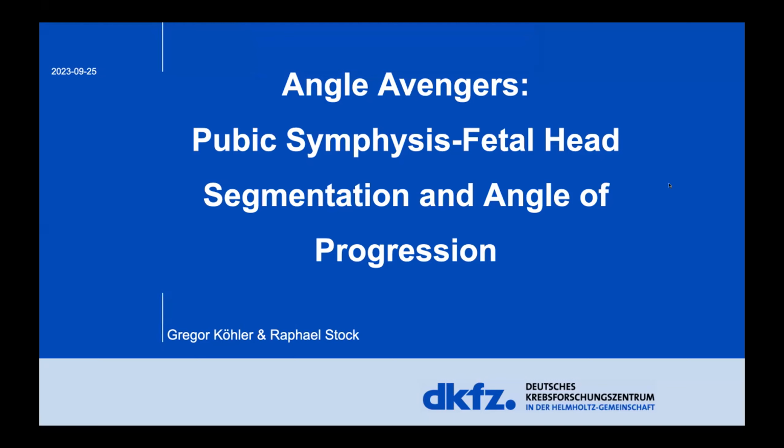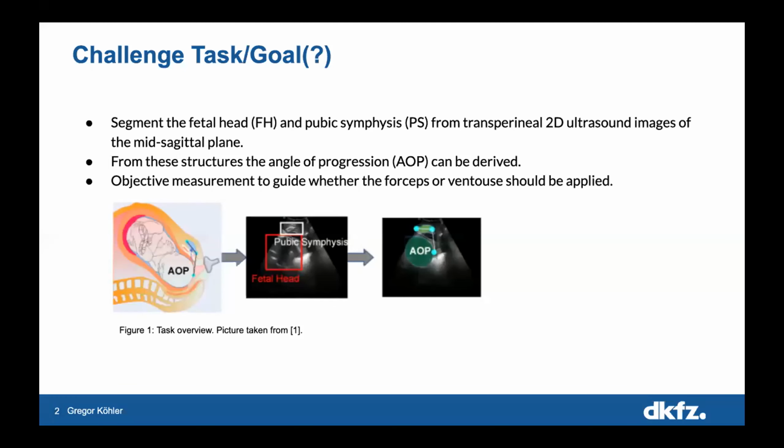Yes. All right. Okay, so I'm going to present our approach to this challenge today. I guess I don't have to go over the details too much, but just a small recap. We're trying to segment the fetal head and the pubic symphysis from 2D ultrasound images.